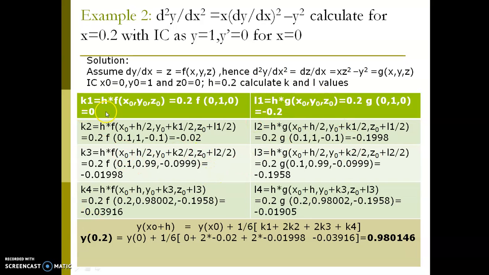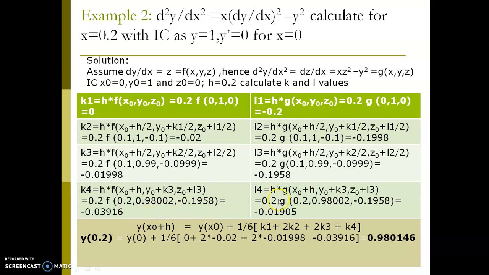l values respectively by taking the formulas which are k1 calculated as h into function evaluated, L1 also h into g evaluated at the initial points, and by incrementing the variables respectively for k2, k3, k4 by taking x0 as x0 plus h by 2, x0 plus h by 2 and x0 plus h as the final value.